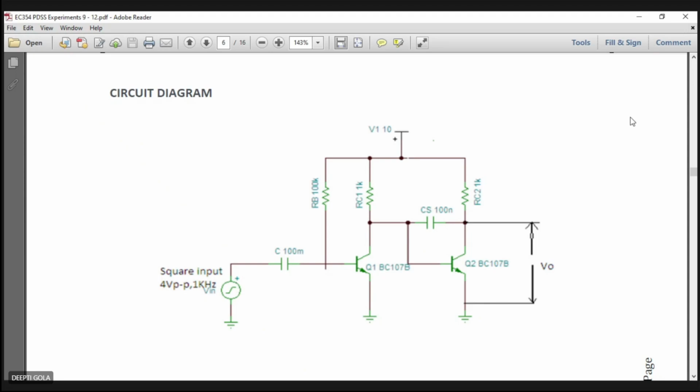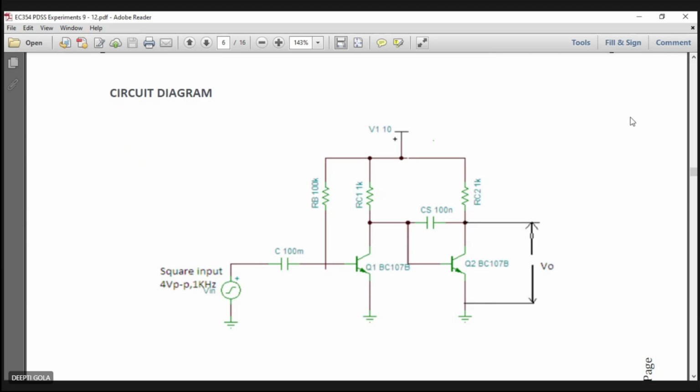As the value of the time constant is very high, the discharge current remains constant, so the output will decrease linearly. Basically we are generating a linear output by giving a square input.